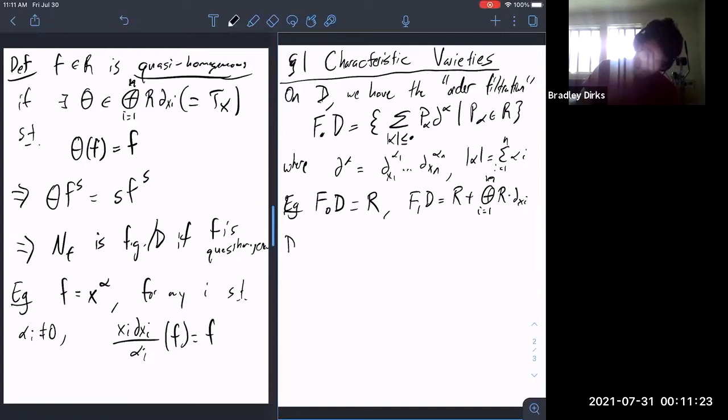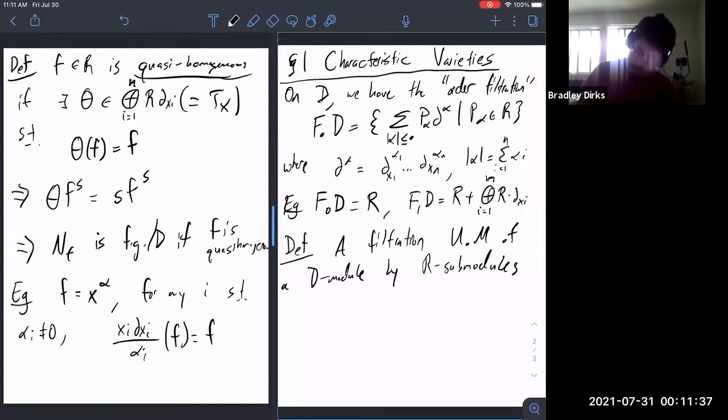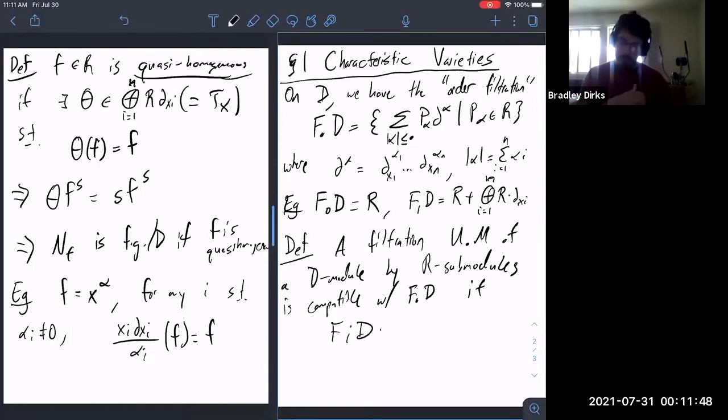Okay, so now here's a definition. A filtration U bullet of M of a D module by R submodules is compatible with F bullet D if, when you do the multiplication, the order filtration moves the filtration U in the correct way.